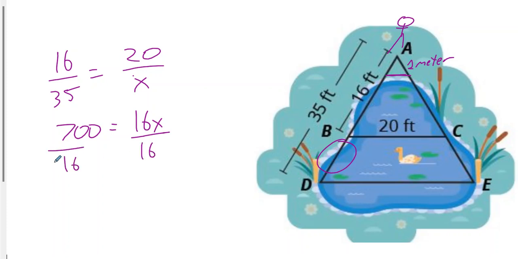Divide by 16, 700 divided by 16 gives me x equals 43.75 feet. So it's length, and I didn't have to get wet.